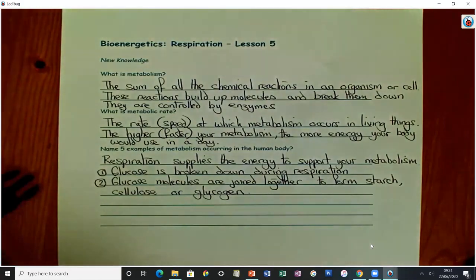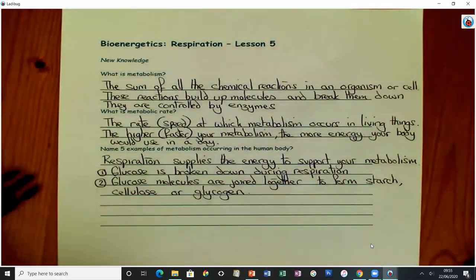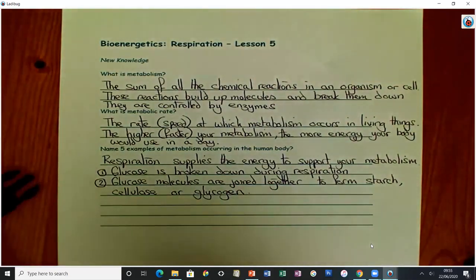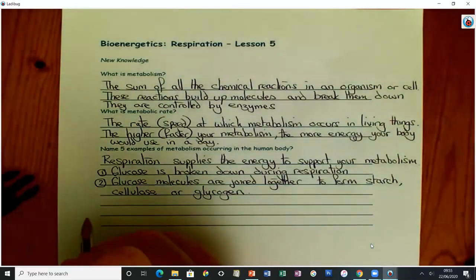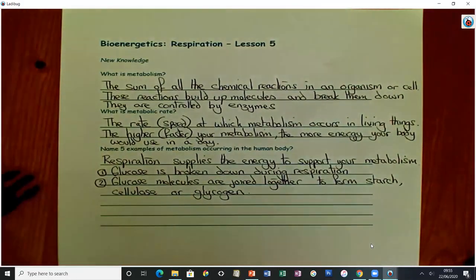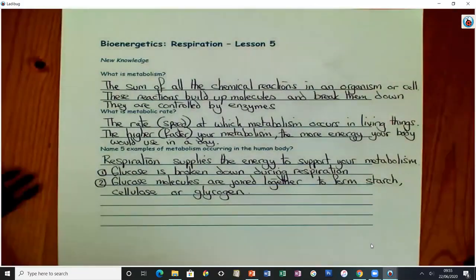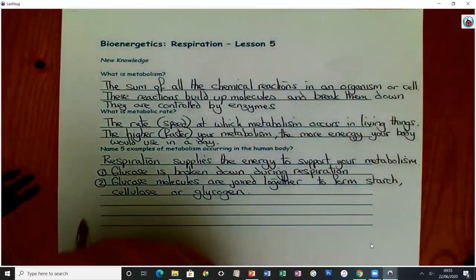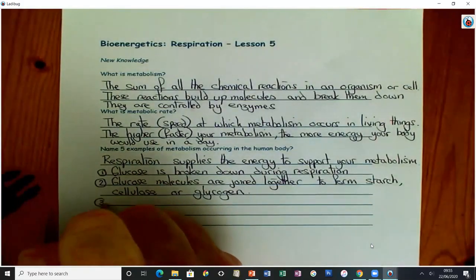They're broken down to glucose, and then that glucose gets into the body, and that glucose can then be built back up into glycogen, etc. But also fats. Fats are broken down. Lipids are fats. Fats are broken down, aren't they, to fatty acids and glycerol? And then those fatty acids and glycerol, once in the body, can recombine to make fat or lipids. So let's just make a note of that.